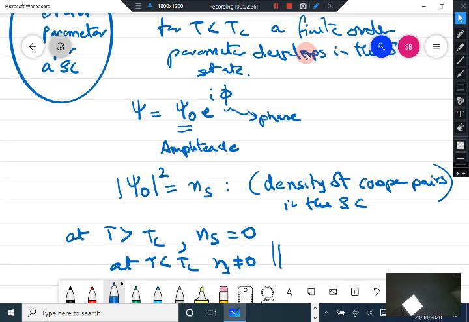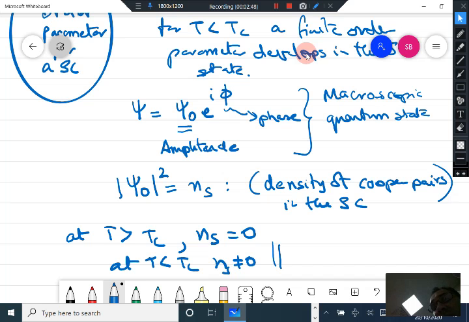This is a macroscopic quantum state. The psi represents the macroscopic quantum state, where you describe the entire system with one single phase phi.